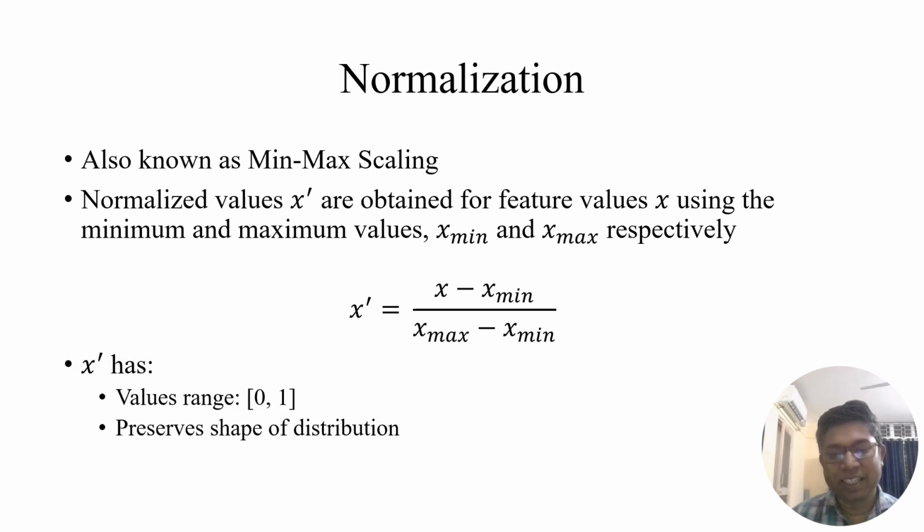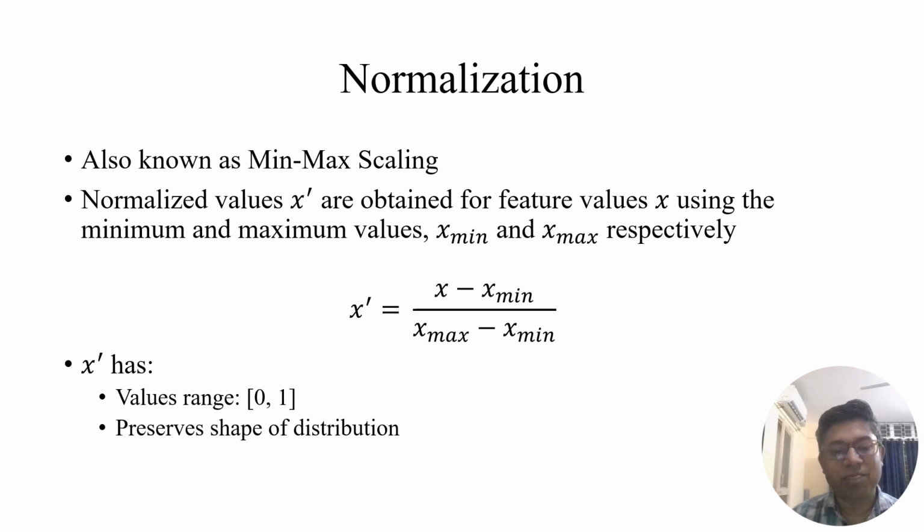Now in this manner, what is the maximum value x can get? That is x max. So if x is equal to x max, then the value of x prime will be 1. That is the highest value of the normalized feature. And if x assumes a value x min, which is the minimum value, then the value of x prime will be 0.